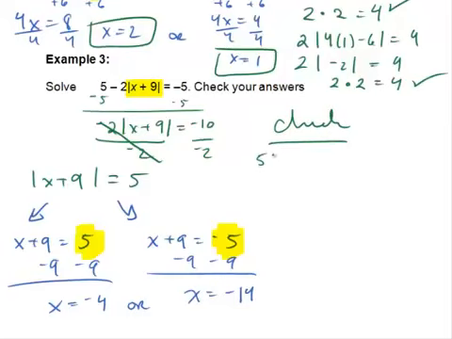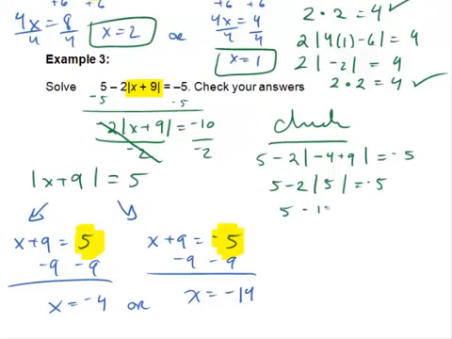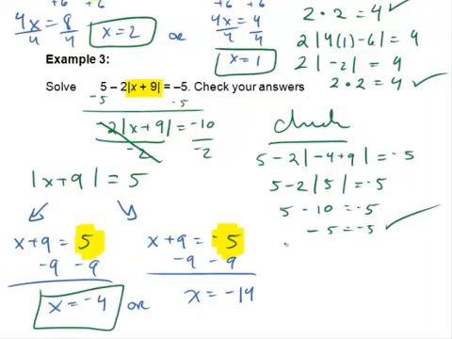Check. So 5 minus 2 times the absolute value of negative 4 plus 9 equals negative 5. Negative 4 plus 9 is a positive 5. So this becomes 5 minus 10, which, yes, equals negative 5. Check, so this one works.